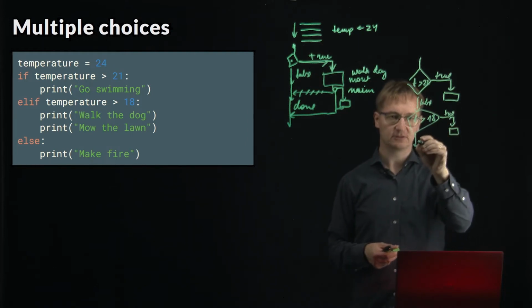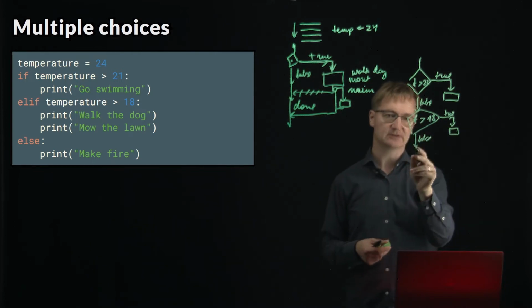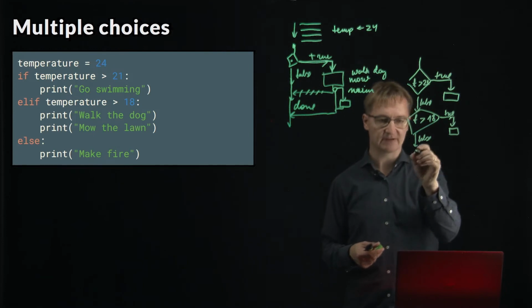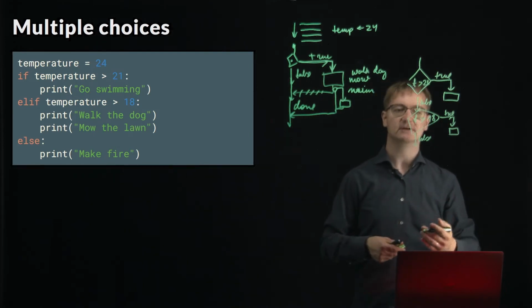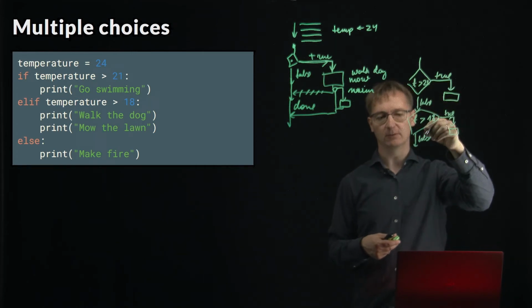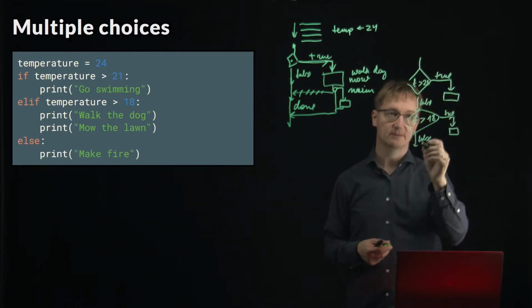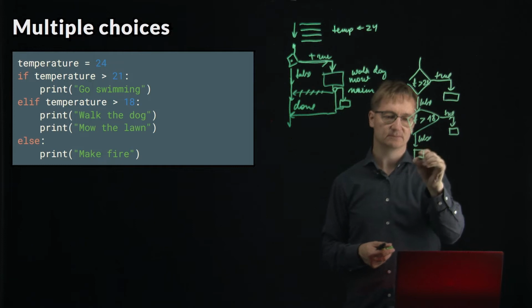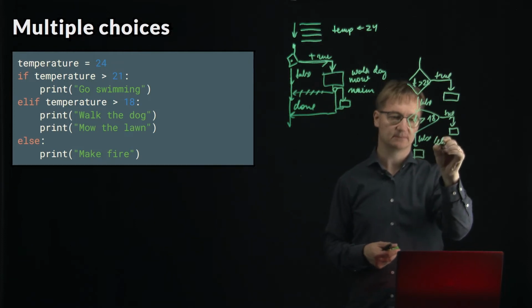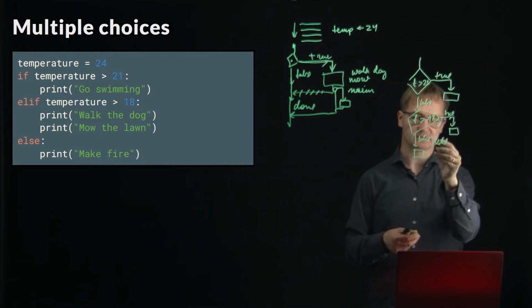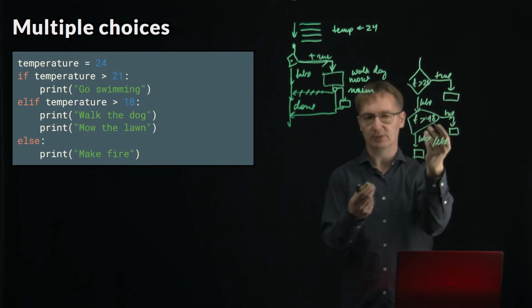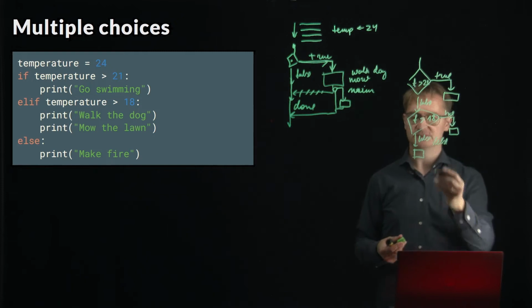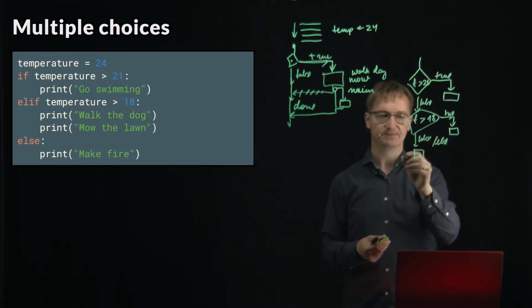If it's false, here we don't even have a condition, but we have an else statement. The else statement is executed if none of the above were executed. So let's say here is else. Because there is no condition, I have no point in drawing a diamond here. I just point out that it's the else part.